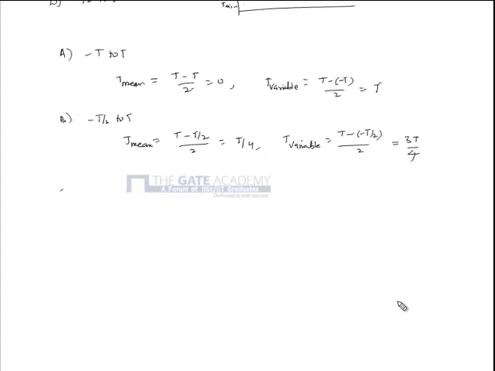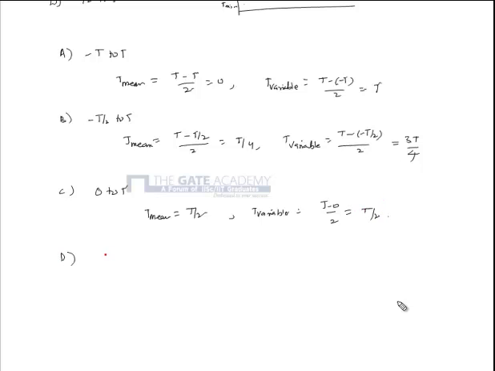Okay, so let's continue. C is 0 to T, so T mean will be T by 2, and T variable will be T minus 0 by 2, which is again T by 2.